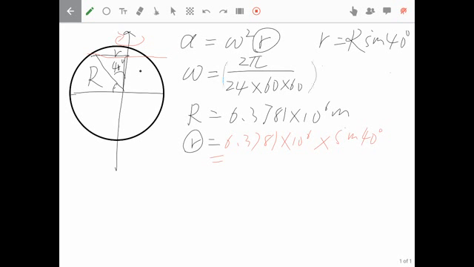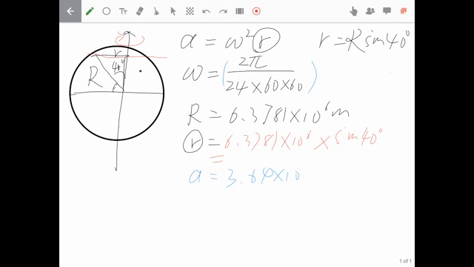Okay, so I get like 3.64 times 10 to the 13. I don't think it should be 13, because the radius here is 10 to the power 6.